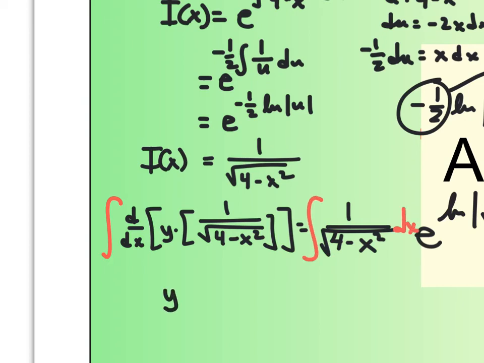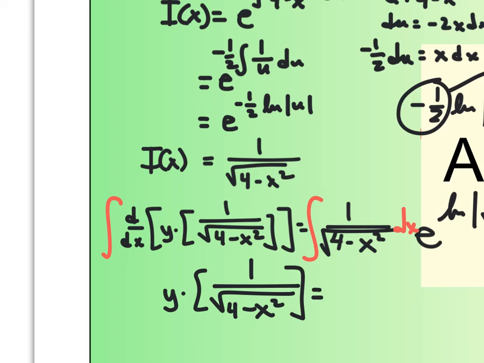So I get y times 1 over the square root of 4 minus x squared is equal to, now remember this, 1 over the square root of a squared minus x squared is equal to the arc sine of x over a.